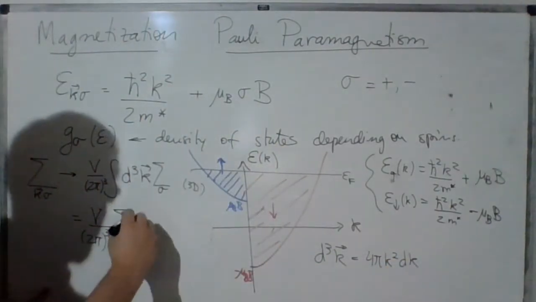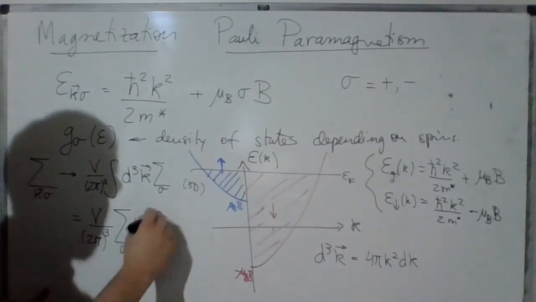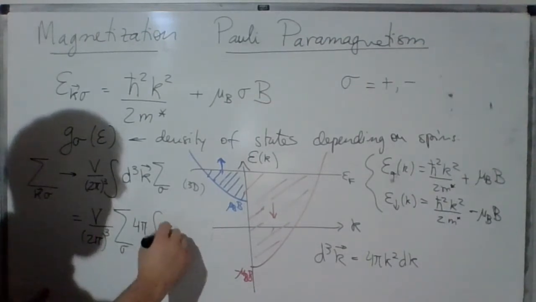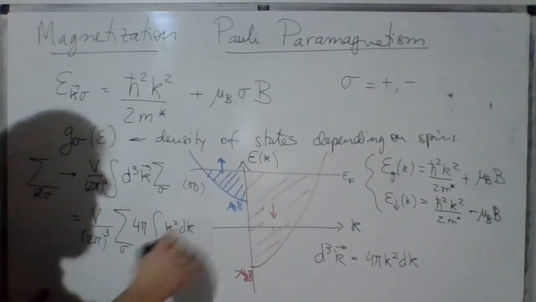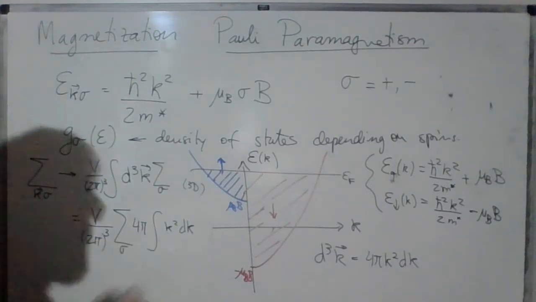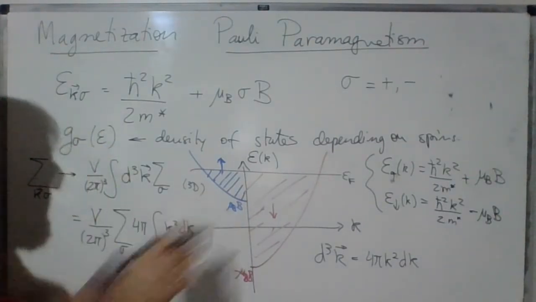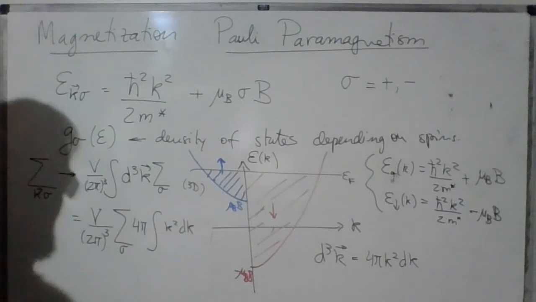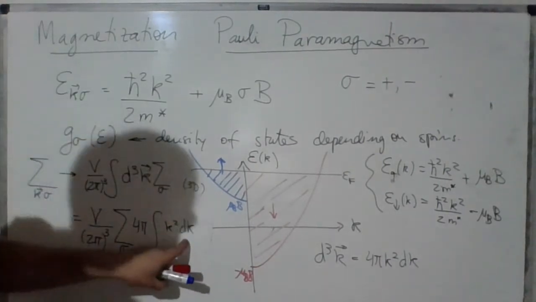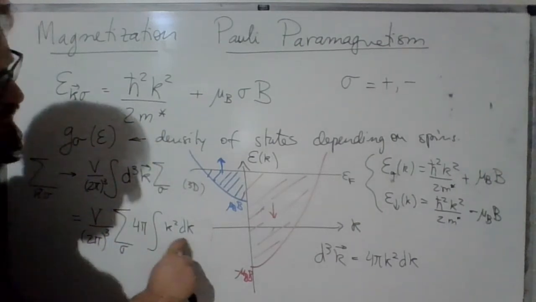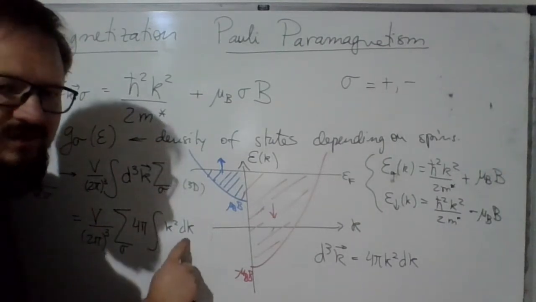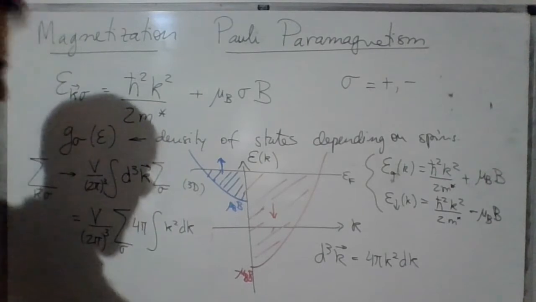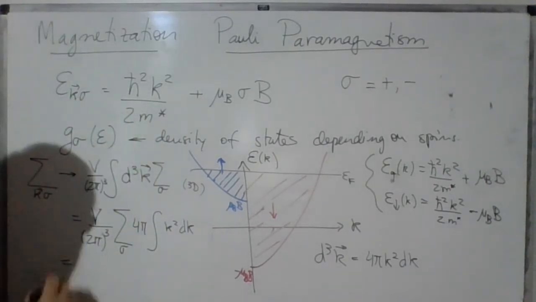So you will have 4 pi and an integral over k squared dk. All right, and all the constants we move together, and this we convert into an integral over energy, because we can perform a change of variables from k to energy.